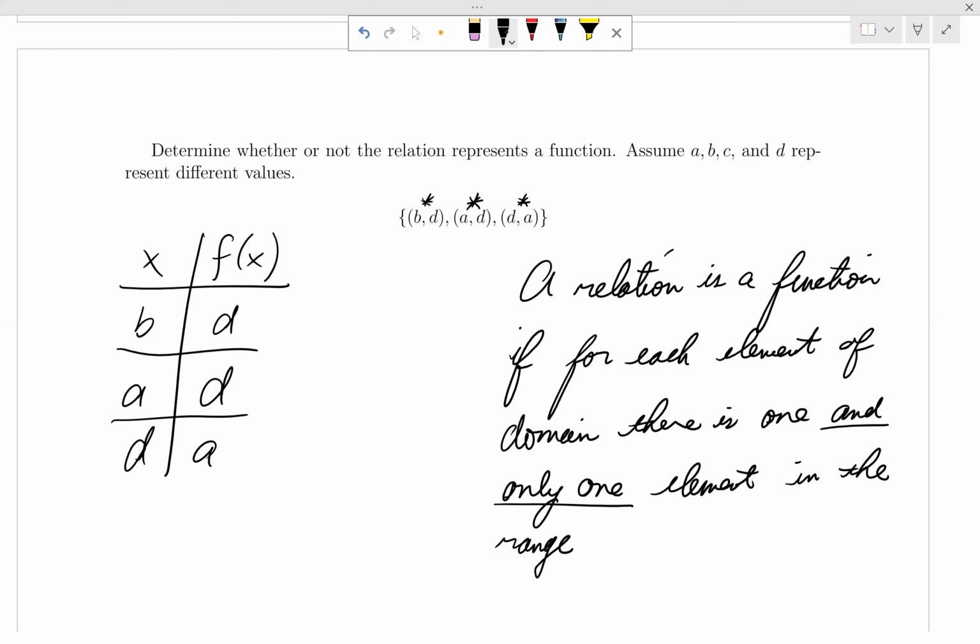So we have to ask ourselves, are there any repeated x values? There's not. We have b, a, d. That's fine. Each of them map to an element, which is good. So this is a function.